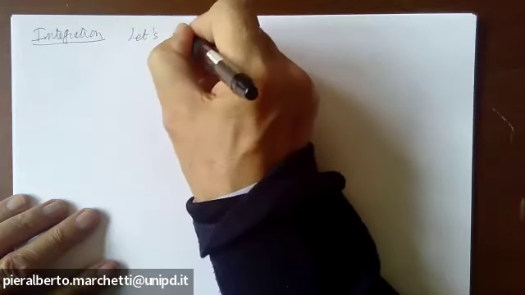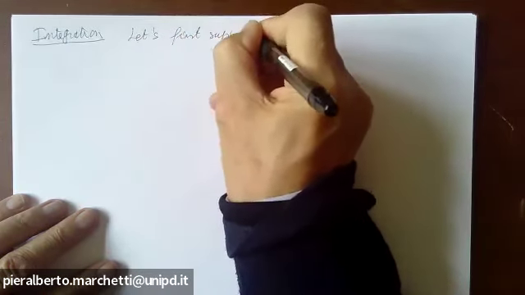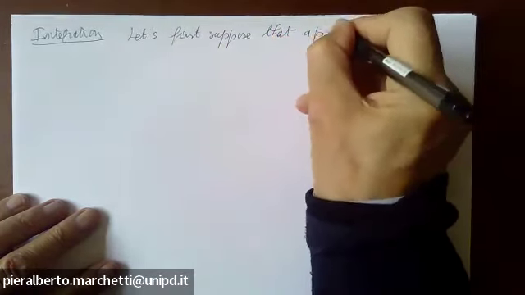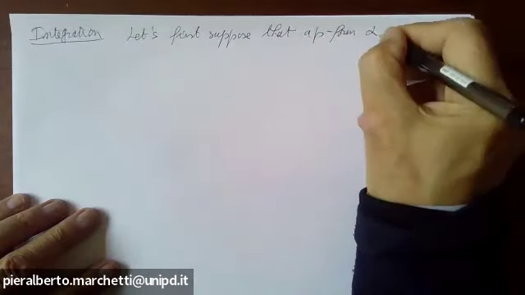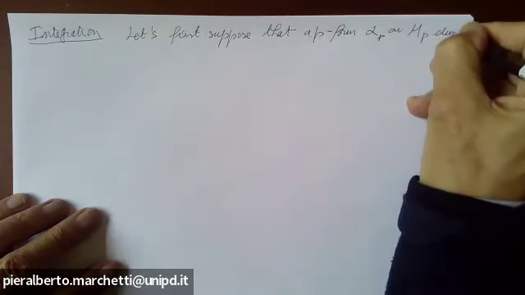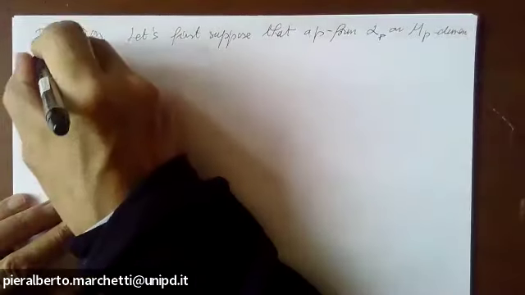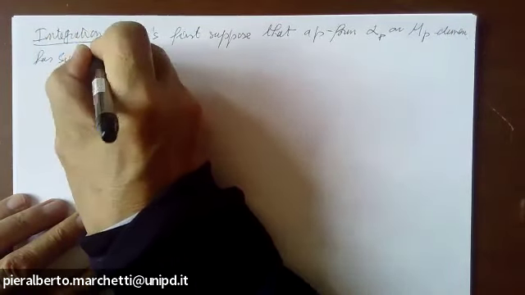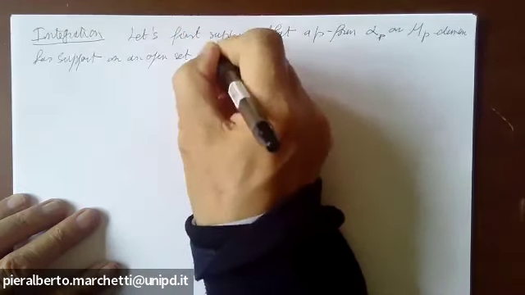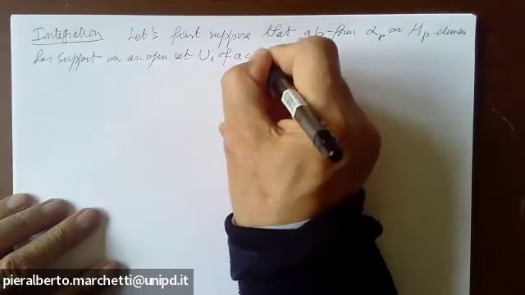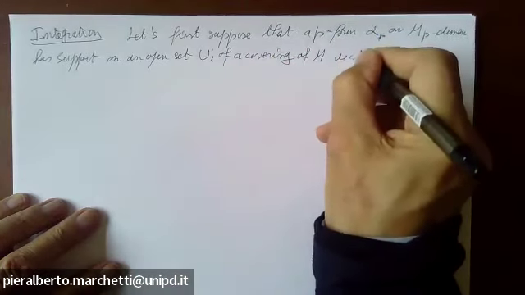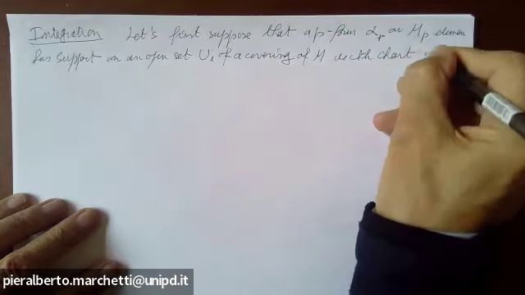Let's first suppose that your p form, let's call it alpha p on M, which is p-dimensional, has a support on an open set U_i of a covering of M, with chart phi_i.